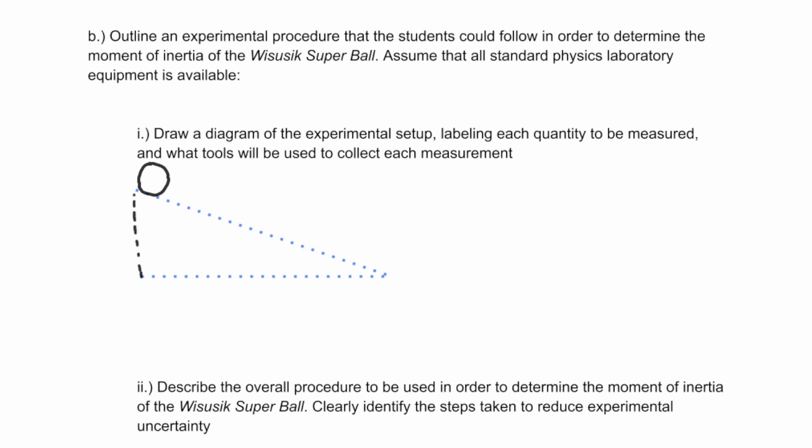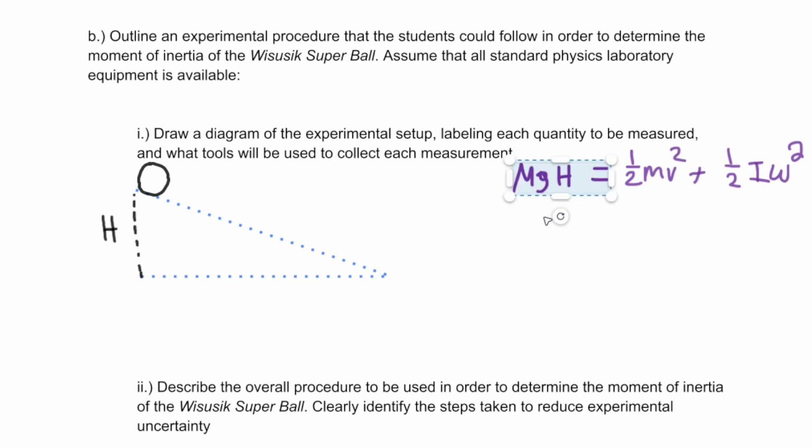If the ball initially starts a distance h above the ground, we can set up the energy conservation equation that we know that the mgh at the start gets turned into two forms of kinetic energy, because the ball is translating at the bottom, but since it's rolling, it's also rotating at the bottom. And I see that I mixed my m's again, so let's just fix that here. I'll fix my mgh.